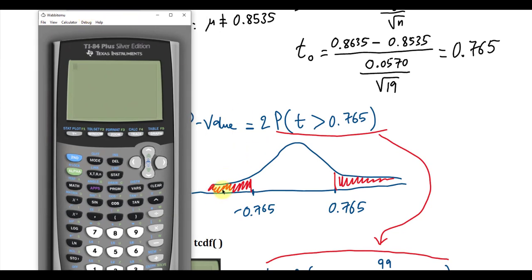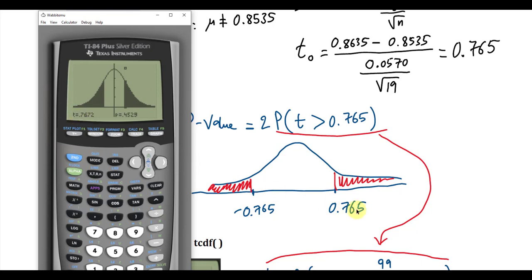Lastly, you can also chart the graph here. You can chart the distribution here. So just by going to start again, go to test again, the t-test, and instead of calculate, you're going to select draw and then hit enter. It will draw the curve, the distribution. This is the left tail and this is the right tail, and it gives you the t statistic.